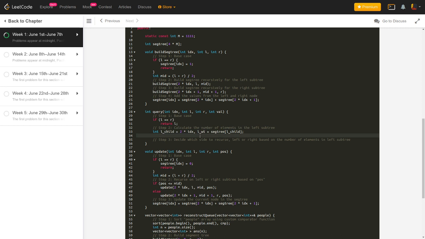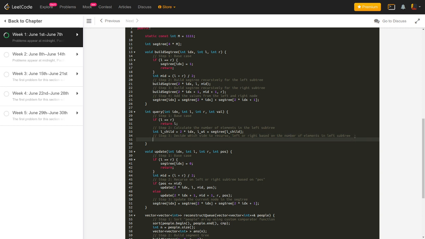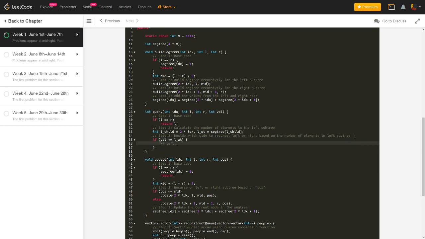Step 3 is to decide which side to recurse on, whether to the left subtree or the right subtree, based on the number of elements in the left subtree. So if val is less than or equal to L weight, this means that I'm looking for, say, the first, second or third one, and the weight of the left subtree is already greater than or equal to 3.